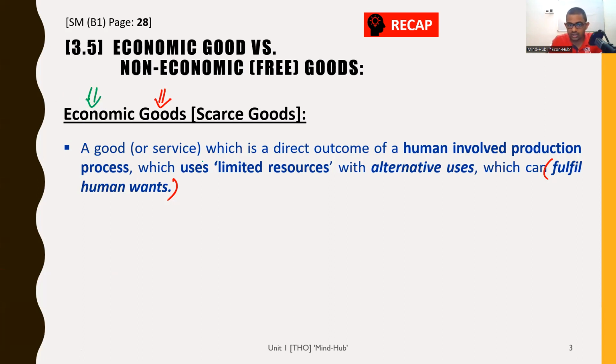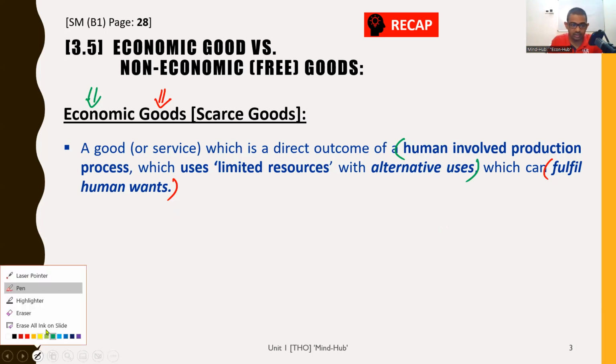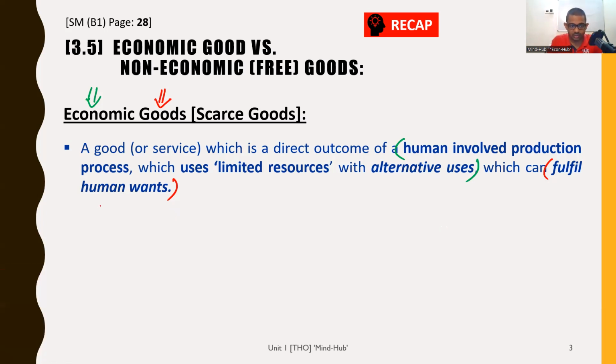That is a good or service which is a direct outcome of a human-involved production process, which uses limited resources, scarce resources with alternative uses. So that's the meaning for the word economic. Then the meaning for the word good we are trying to give by saying it fulfills human wants, creates utility. Creates what? Utility. Are we clear?